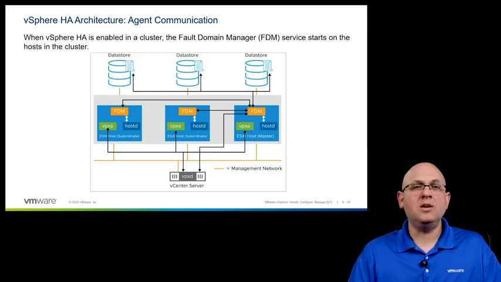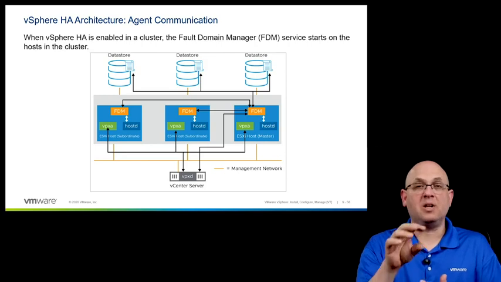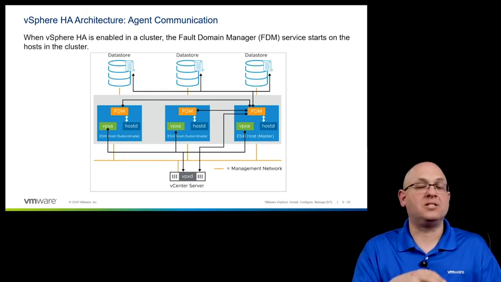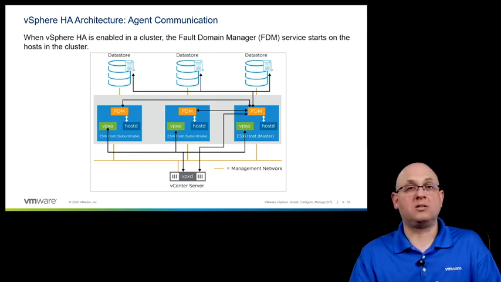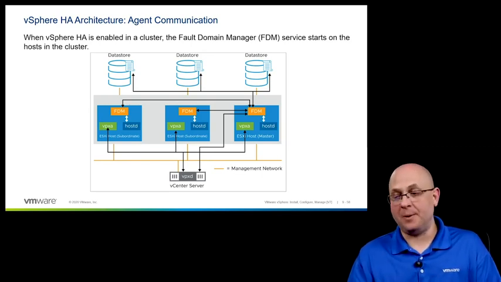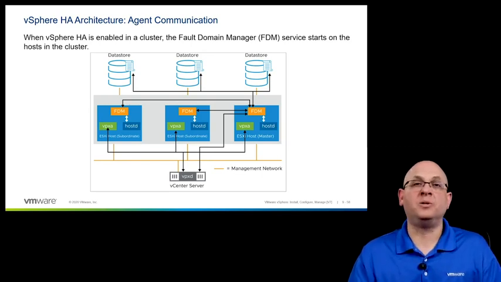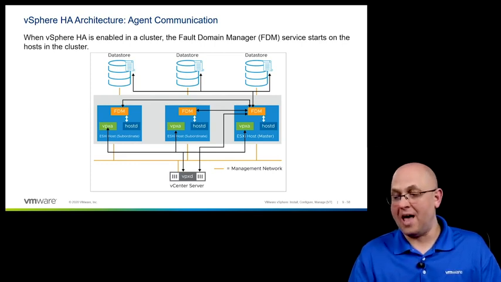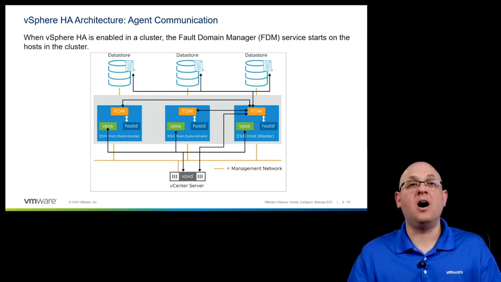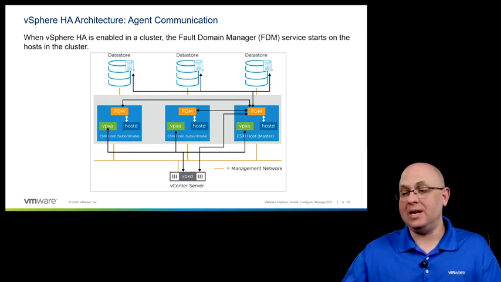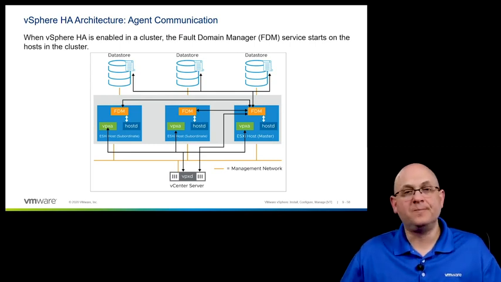Now, when you take an ESXi host and move it into a cluster, you just drag and drop it into the cluster and enable HA, there's a process that starts on ESXi called the Fault Domain Manager, or FDM. That acts as an agent that allows for communication of heartbeats between each of the ESXi hosts.